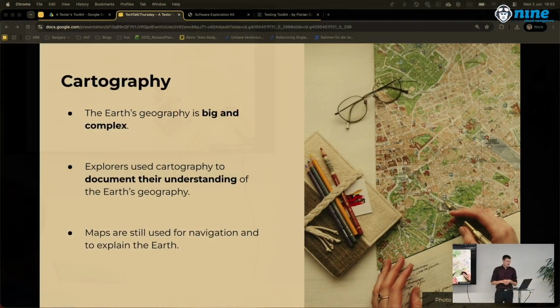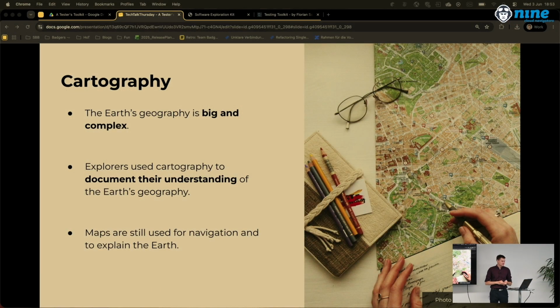Good. So another tool, another example: in cartography, the Earth is geographically big and complex, right? There were explorers, and they used cartography to document their understanding of the Earth. And it wasn't always right.